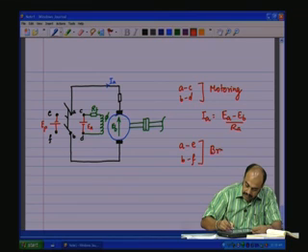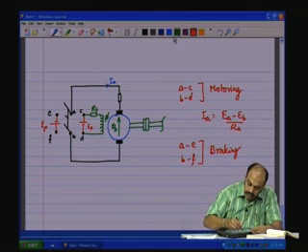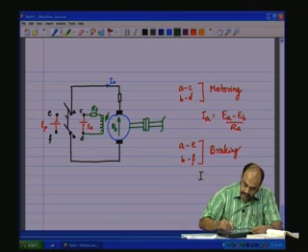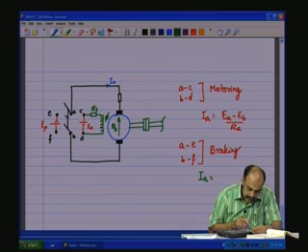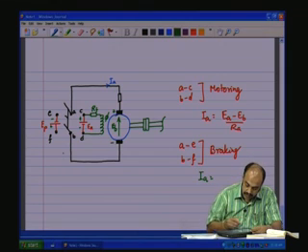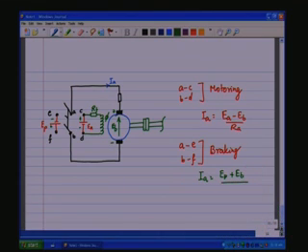This is braking. So, under these conditions, what is IA? Now, you see the polarity here. We have applied a reverse polarity here as compared to EA. So, this would be in line with the generated back EMF polarity. So, IA would be EP plus EB by RA, and that is in the reverse direction.